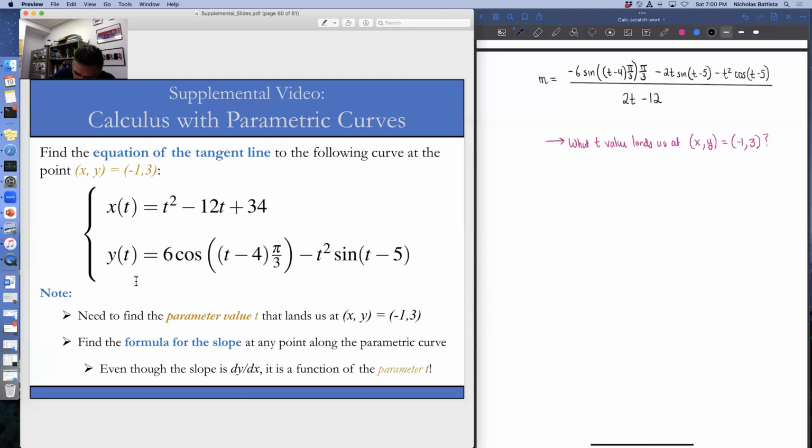So let's set our x equation, which again is equal to t squared minus 12t plus 34, equal to the x value we care about, which is -1. So what we're really asking now is what t value lands us at x equal to -1. We took the x function, as a function of t, and set that equal to -1.